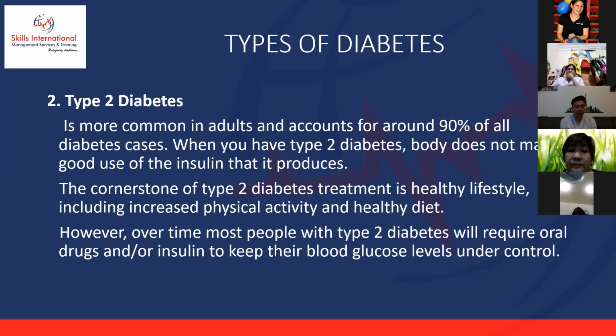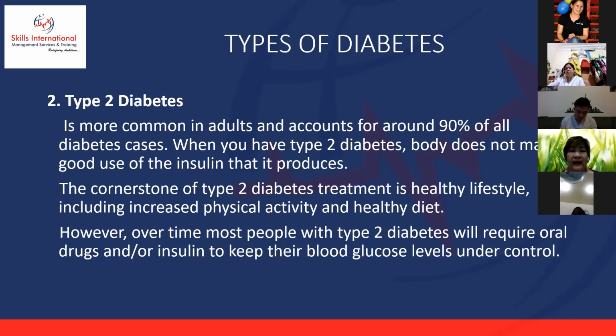When you have type 2 diabetes, your body does not make good use of the insulin that it produces because the pancreas is already damaged. The cornerstone of type 2 diabetes treatment is a healthy lifestyle, including increased physical activity and a healthy diet.